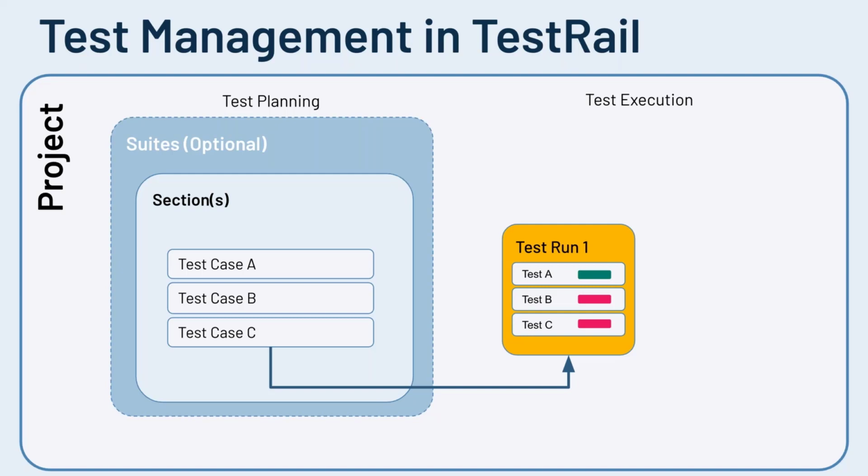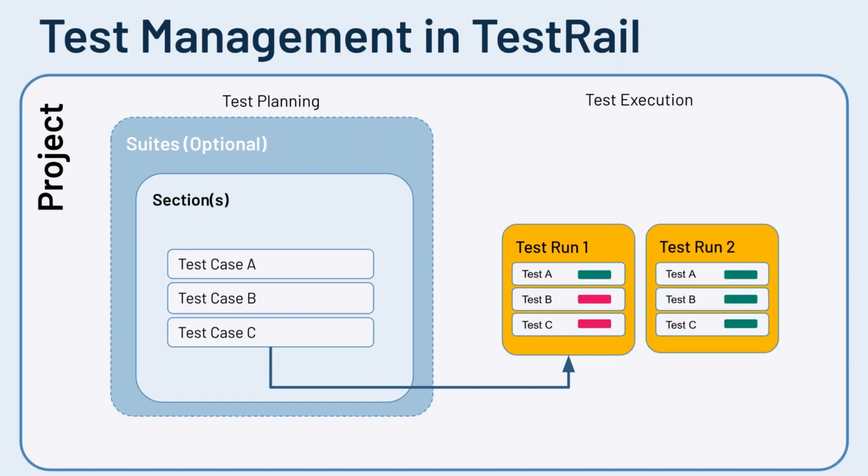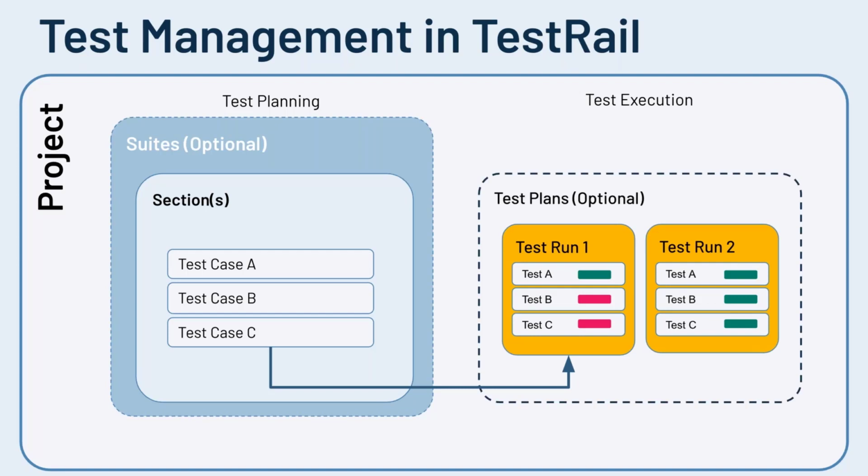You can create multiple individual test runs or add multiple test runs into a test plan, which is especially useful when you need to run the same set of tests against different configurations, like different browser types or different operating systems.